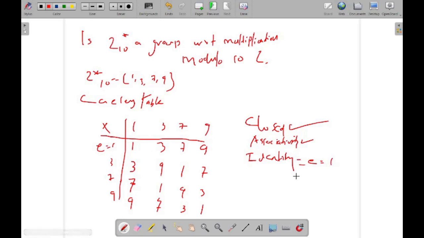And then the existence of inverse. What is the inverse of 1? It is 1. Then the inverse of 3 is 7, the inverse of 7 is 3, and the inverse of 9 is 9. So for all elements the inverse exists. So this is a group.